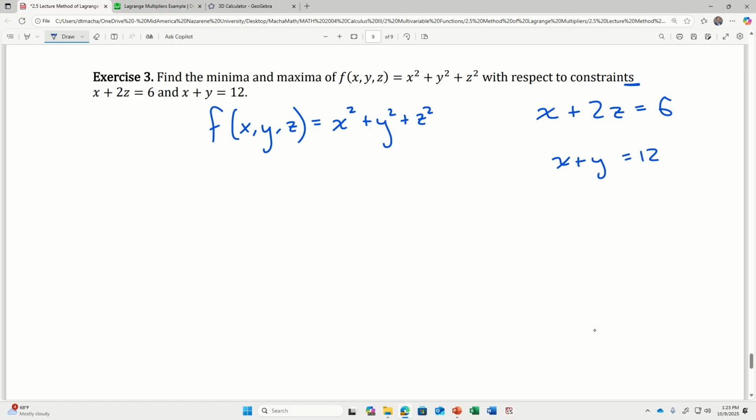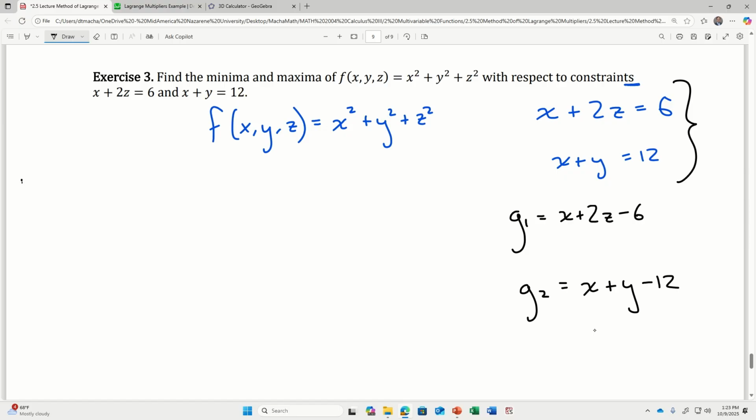So my x, y, and z coordinates have to obey both constraints at the same time. And that means g1 is going to be the function x plus 2z minus 6. g2 is going to be the function x plus y minus 12. And this is how you set up your Lagrange function in this case.